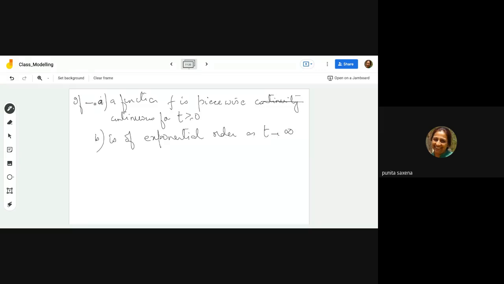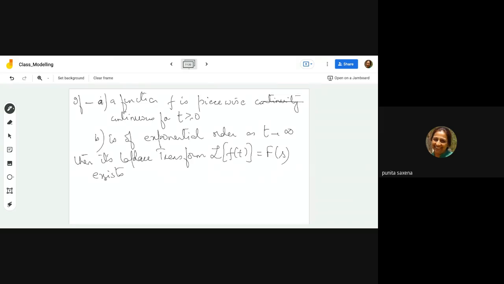If these two conditions are satisfied, then the theorem says that its Laplace transform, which we have defined as F(s), exists.